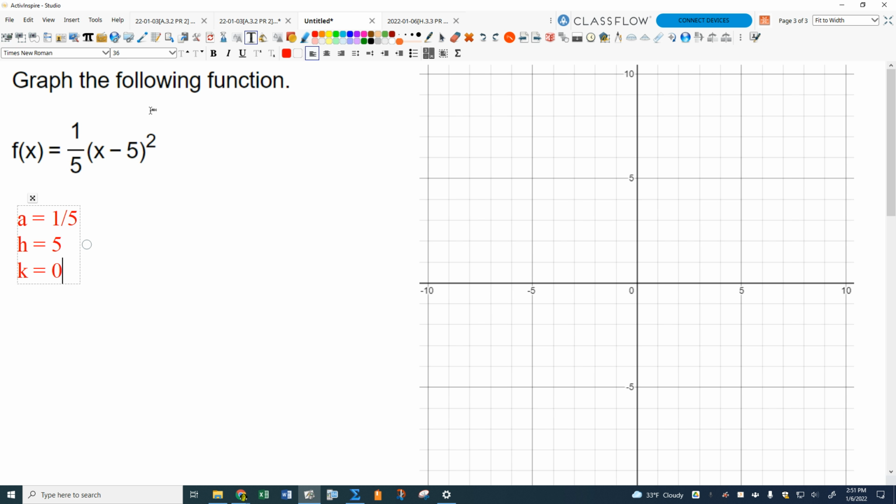Good. Okay, so that's all we need. We should be able to graph this thing. So where is the vertex going to go then? Instead of being at 0, 0, can we say it again? 5, 0. Good. So we know the vertex is at 5, 0. Now we've got to get the shape graphed, which is a little strange. But let's at least lock that vertex down.